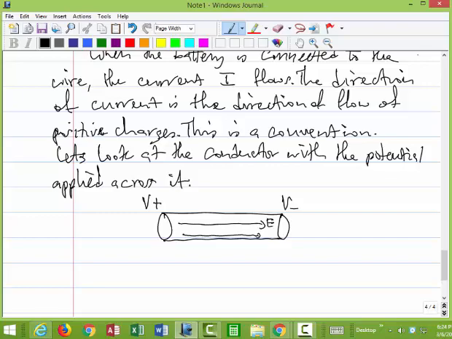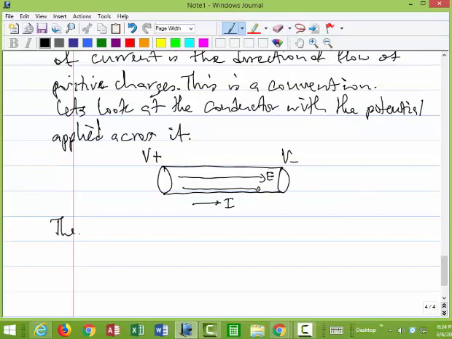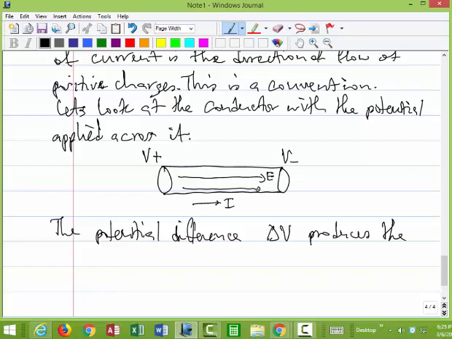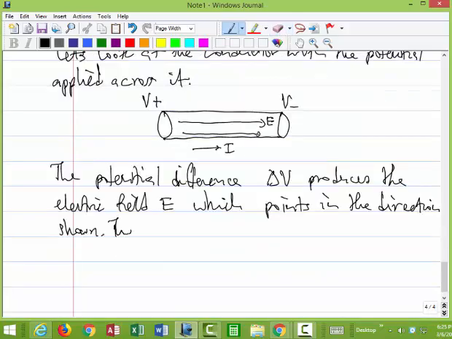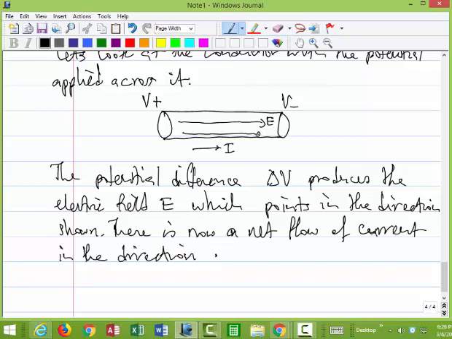So this is E. So the current flows this way. So we can say that the potential difference, delta V, produces the electric field E, which points in the direction shown. So we can say that there is now a net flow of current in the direction of E.